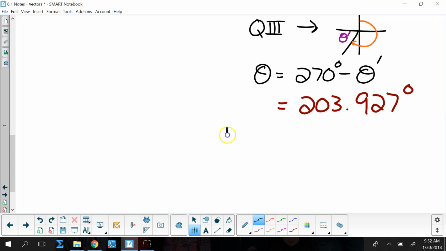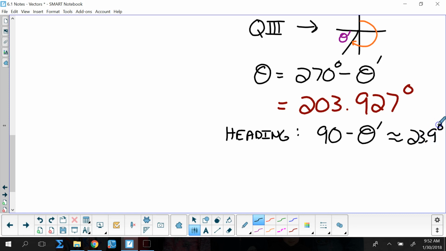So, heading would be 90 minus my reference angle, which would be approximately 23.9 degrees.